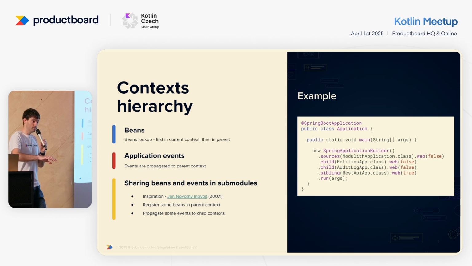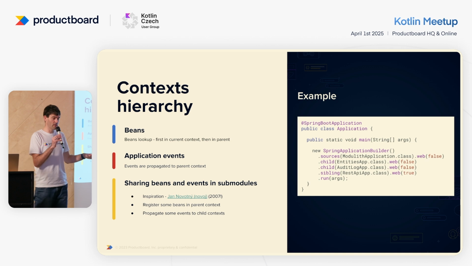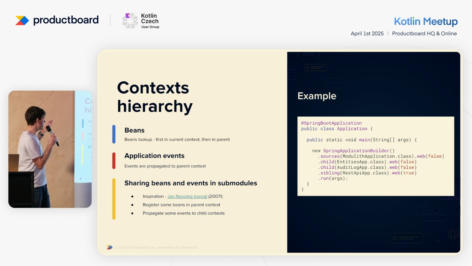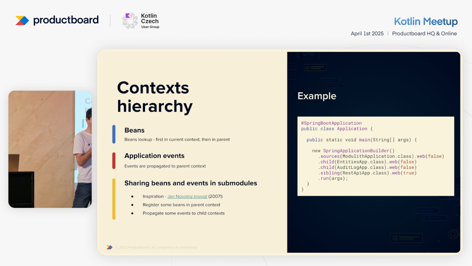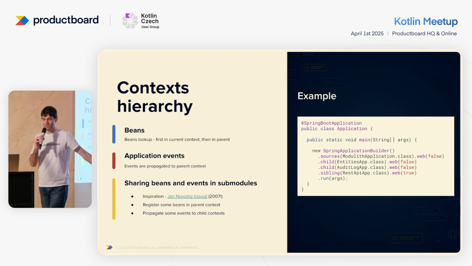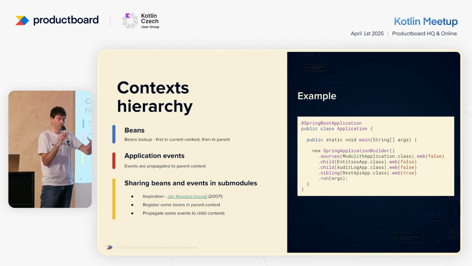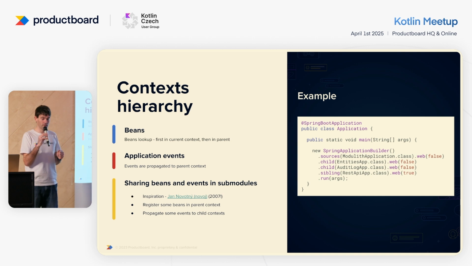And what is possible, and that's what is kind of unique, and I don't think that many companies are using, is this context hierarchy. So here is an example of how you can configure your Spring application with context hierarchy. You can have one parent, multiple children, and you can build a tree of different contexts.